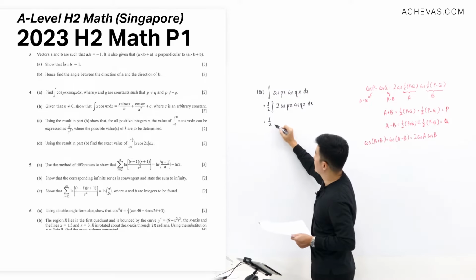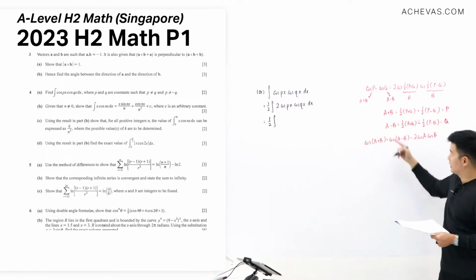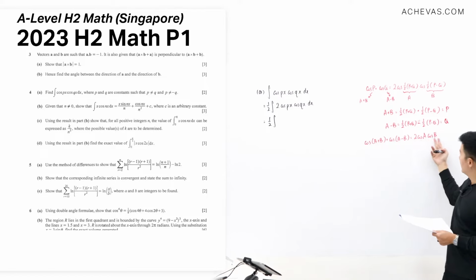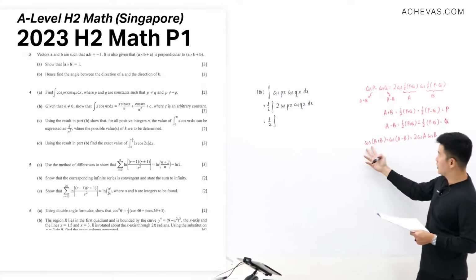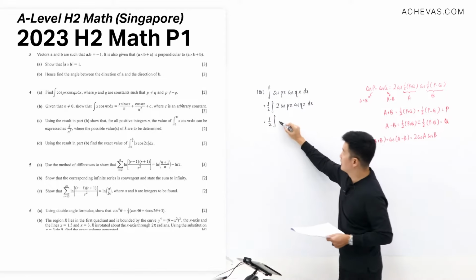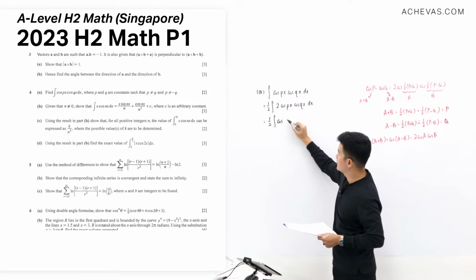And half, I'll just let it remain. And for here, I'm going to re-express into a form that is like this. So a, b will be px, qx, which means it is going to become cosine a plus b. And here it will become cosine of px plus qx, which will be p plus qx as that angle.